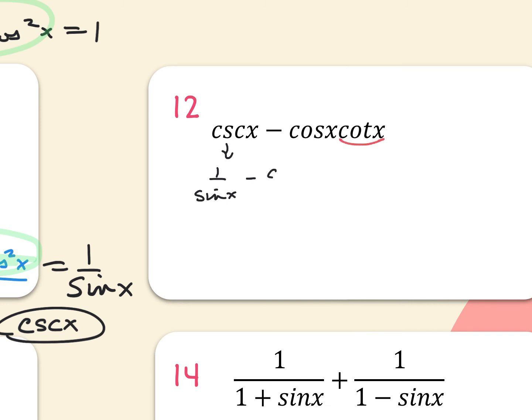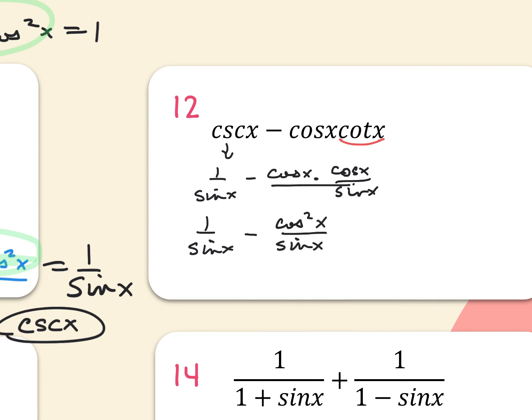So I'm going to leave the cosine alone, and then the reciprocal of cotangent is cosine x over sine x. I can go ahead and multiply and get 1 over sine x minus cosine squared x over sine x.